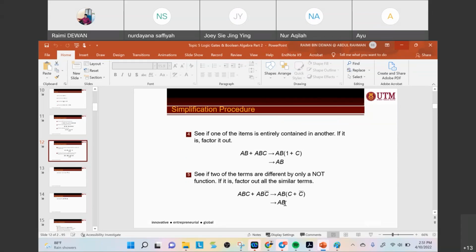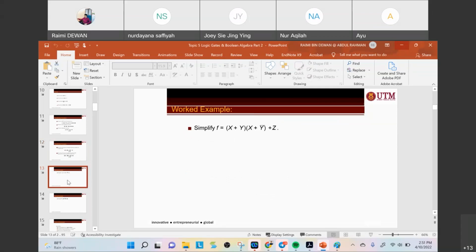If two of the terms differ by only a NOT function, you factor out the AB, then you have C plus C bar, and you know by the theorem, A plus A inverted will still give one. So AB times 1 gives AB as the final answer.